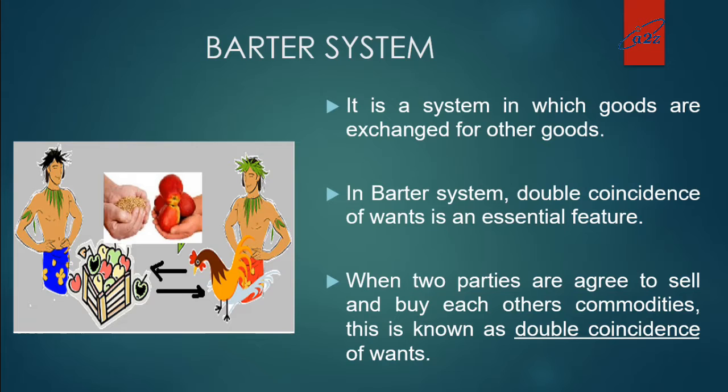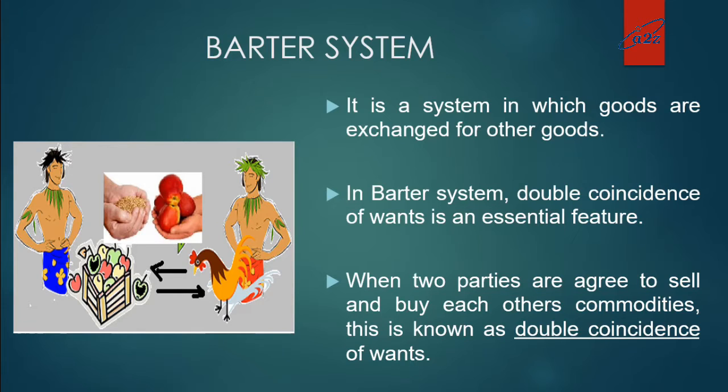Barter system. It is a system in which goods are exchanged for other goods. In barter system, double coincidence of wants is an essential feature. Now, here a question arises: what is the meaning of double coincidence of wants?